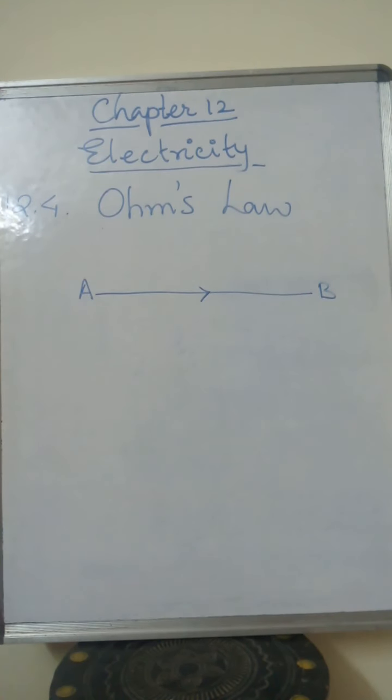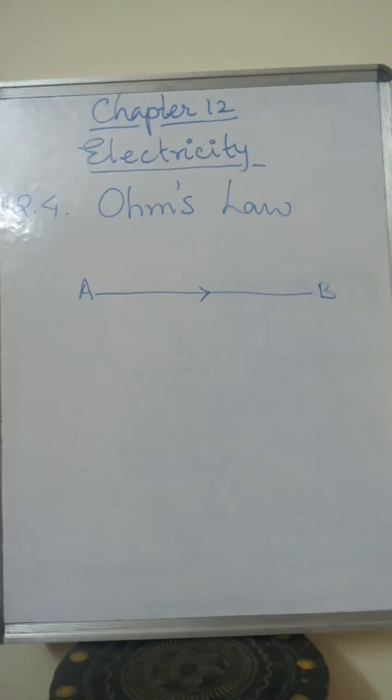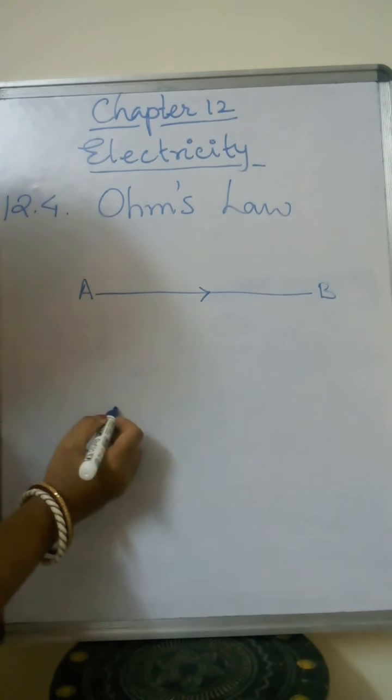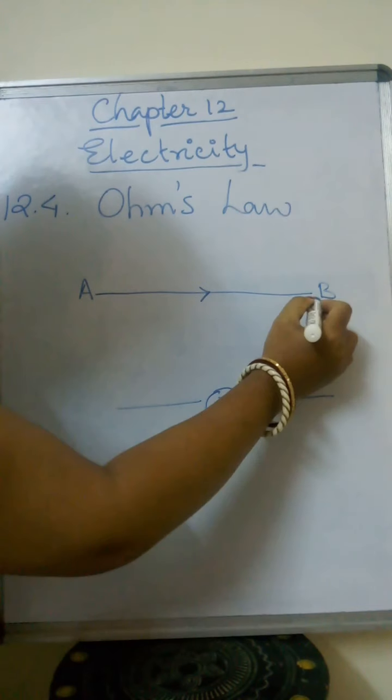As I said, potential difference is measured by a voltmeter. So the voltmeter is always placed parallel to the conductor. My voltmeter will be here.